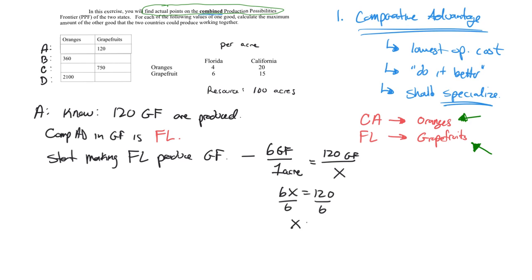So x, which is the number of acres it would take, would equal 20. So Florida needs 20 acres to make these 120 grapefruits, GF.